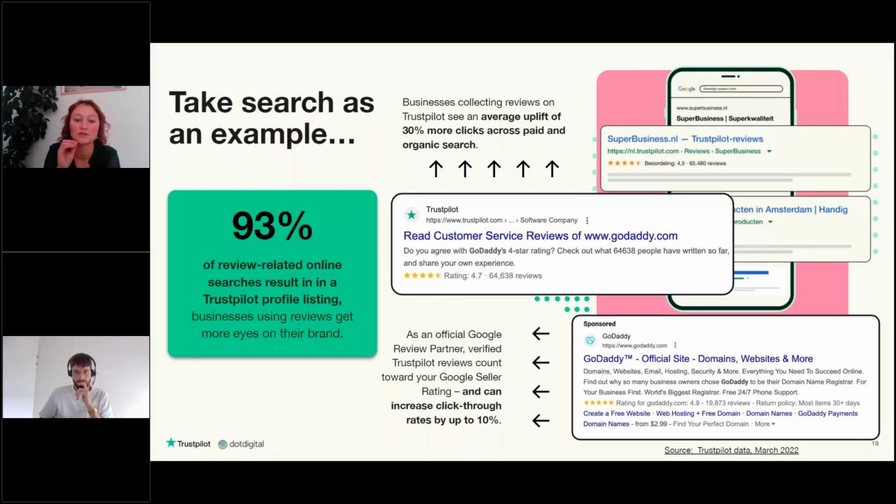But we also see some interesting stats from Google, where they say that when you have those reviews in Google, which are coming from Trustpilot as well, we are a Google review partner, then they measured 10% additional clicks to these types of ads. On top of that, you also see that organic results with reviews perform a lot better.